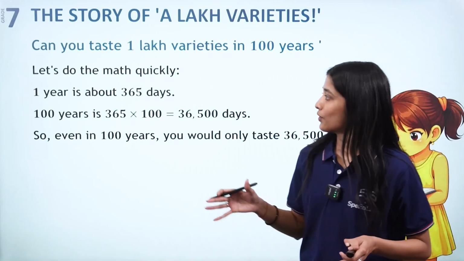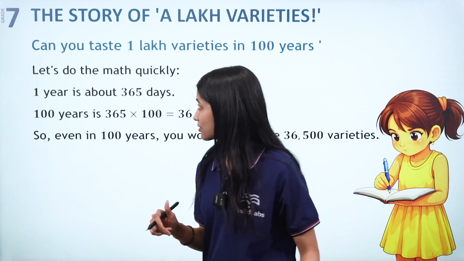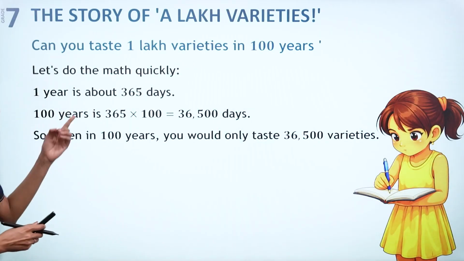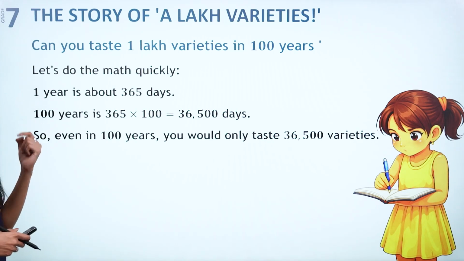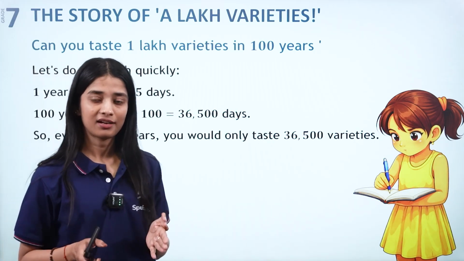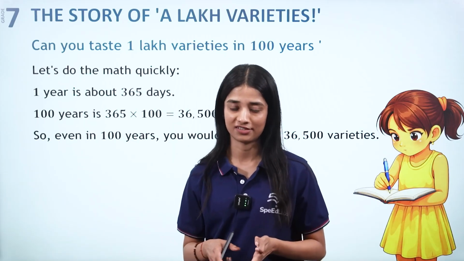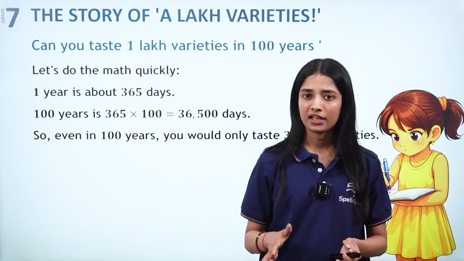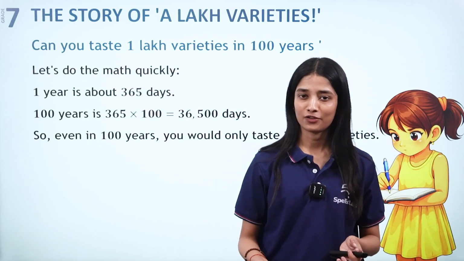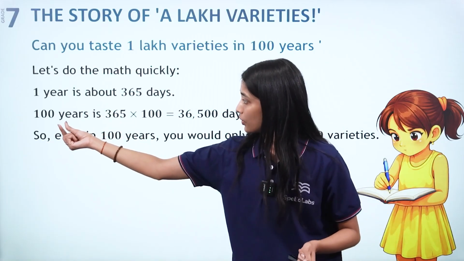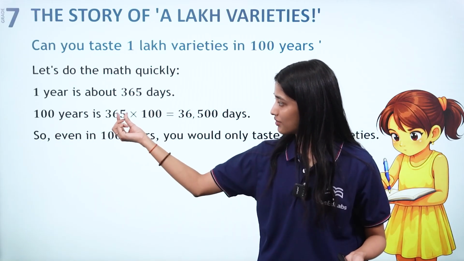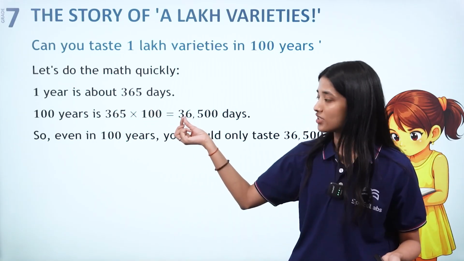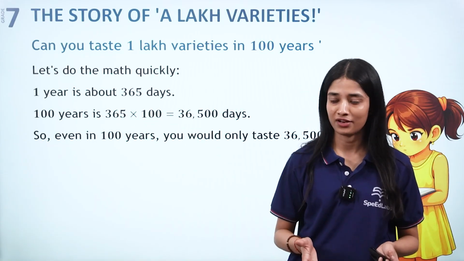Let's do the math quickly. In 1 year there are about 365 days, right? And if in 1 day we eat one variety of grain, then in 100 years we will eat 365 into 100, which equals 36,500 varieties.